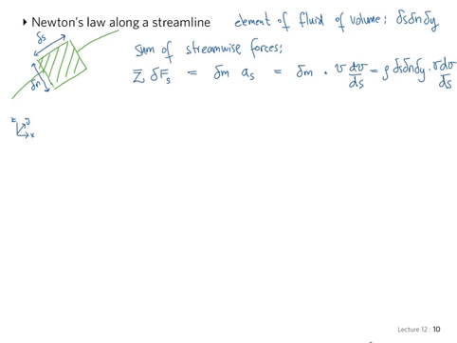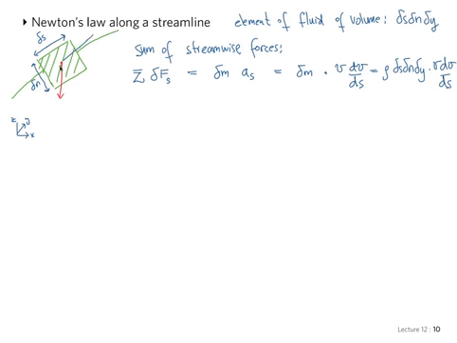Good. Now, the component of weight in the streamwise direction: the weight of the fluid element is pointing, you can't change gravity, it's always going to point vertically downwards. Let's consider this may have an angle.